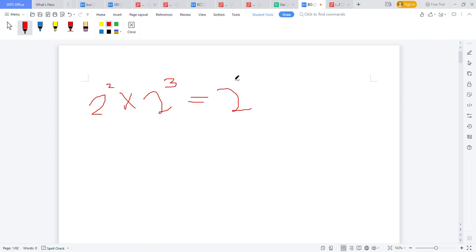So we are going to add 2 plus 3. This is going to give us 2 raised to power 5. So if you have the same base and you are multiplying, we are supposed to add the powers. So that is law 1.